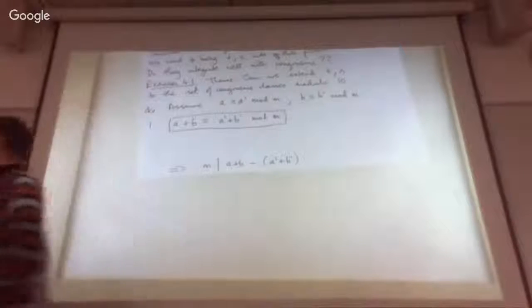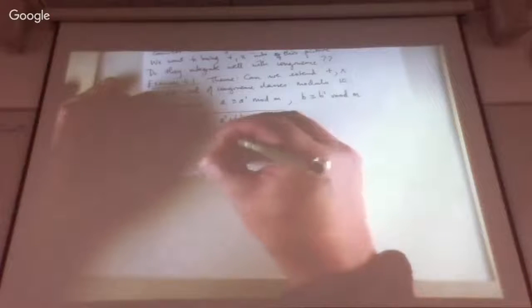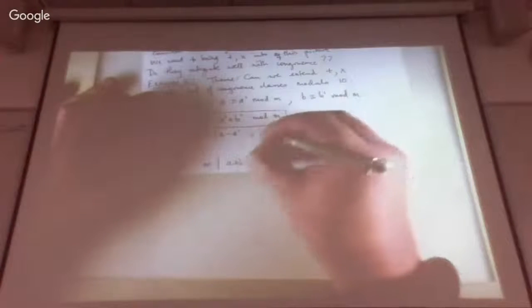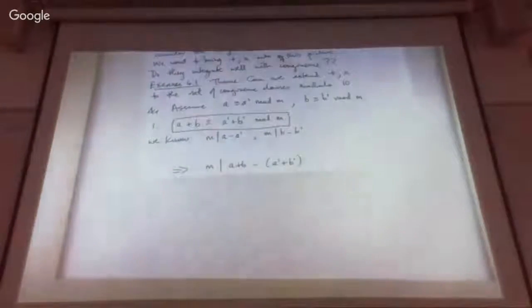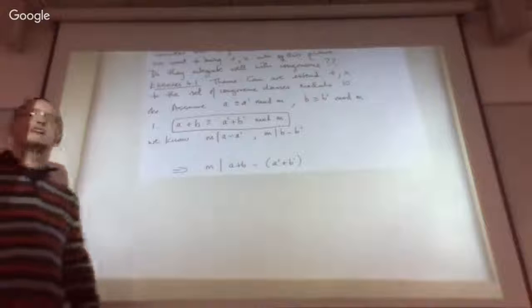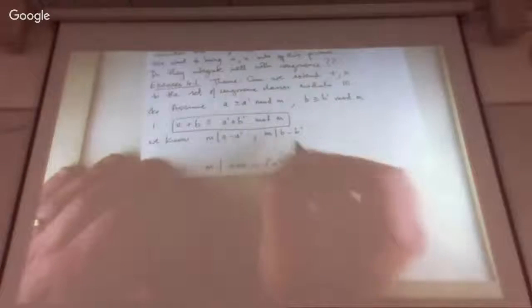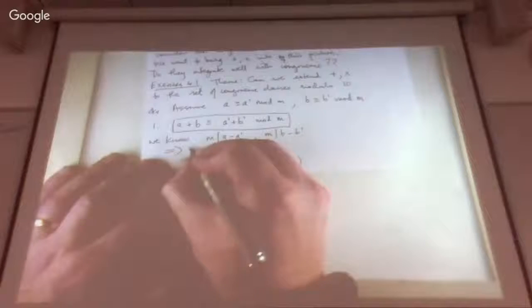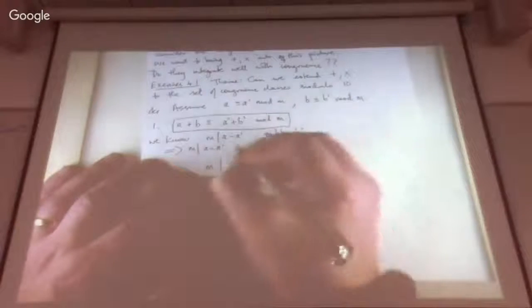But I know that m divides the difference A minus A prime, and m divides the difference B minus B prime. That comes from the assumptions. Well, then I also know that m divides any linear combination of these two things.